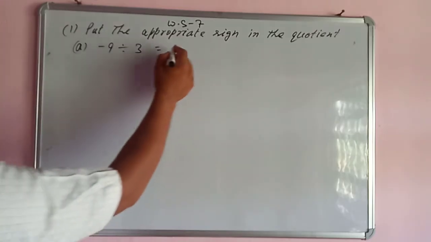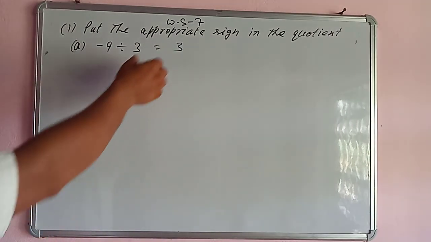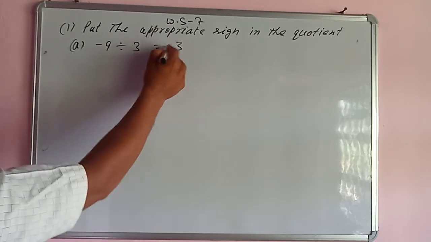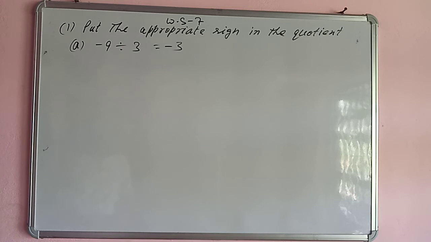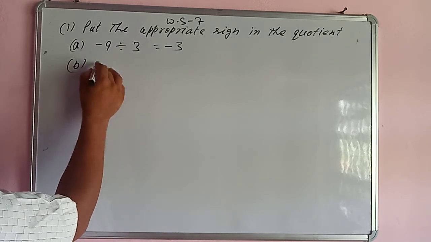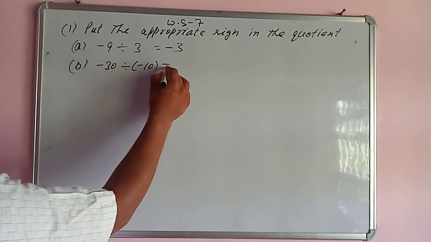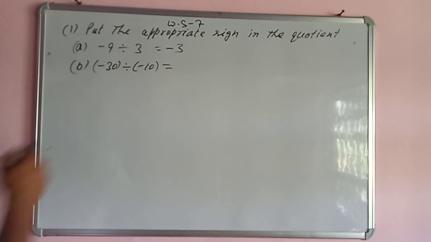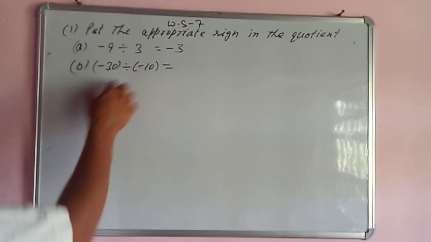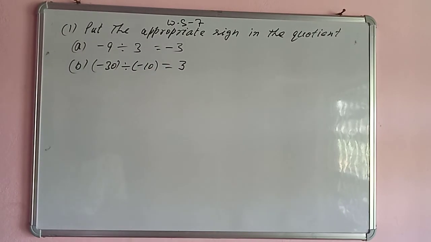So our quotient is 3, but is it positive or negative? Because the dividend is negative, our quotient is negative. In part B, it is -30 divided by -10. Here both dividend and divisor are negative, so our quotient is positive 3.